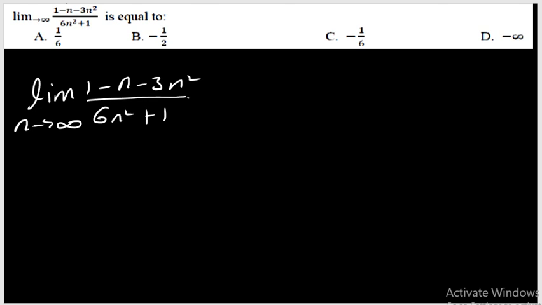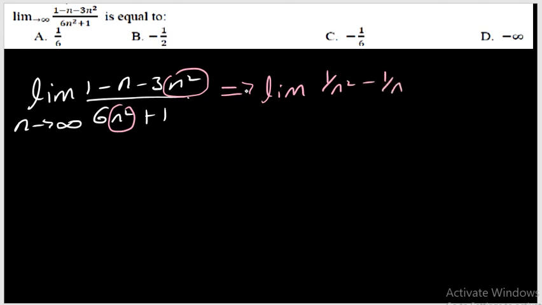This time the highest degree is n square in the numerator and in the denominator. So we'll divide each of the terms by n square. It's going to be the limit of 1 over n square minus 1 over n, you know, n over n square will be 1 over n, minus 3, the whole over the down part, 6 remains plus 1 over n.